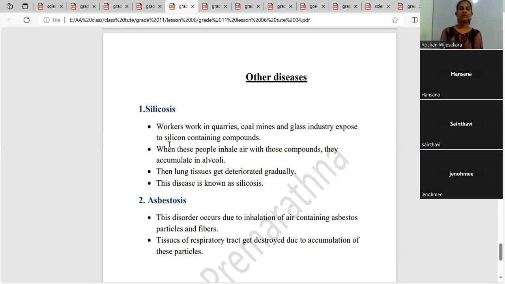When these people inhale air with these components, especially silica, it accumulates in the alveoli. Therefore, the lung tissue gradually deteriorates. This disease is known as silicosis. Okay, remember well.